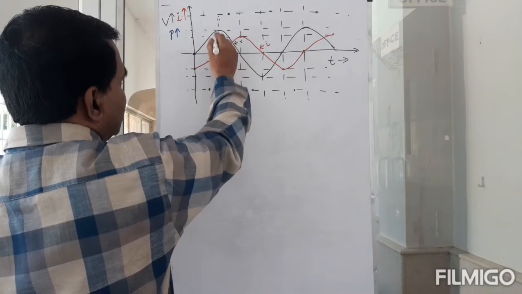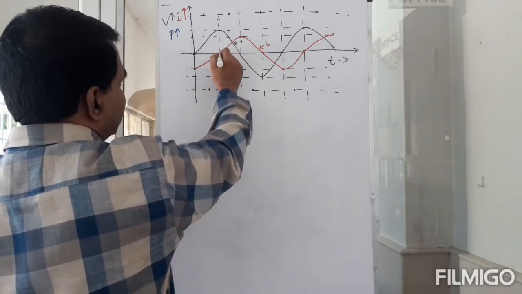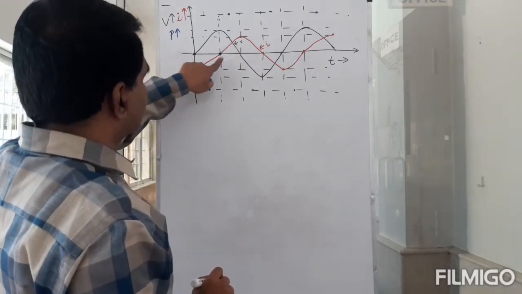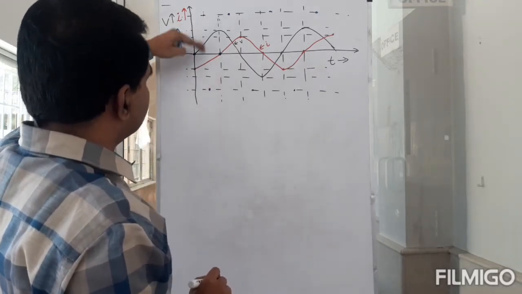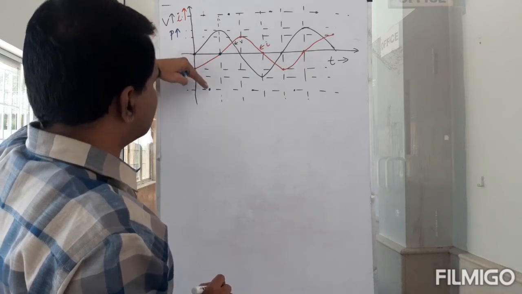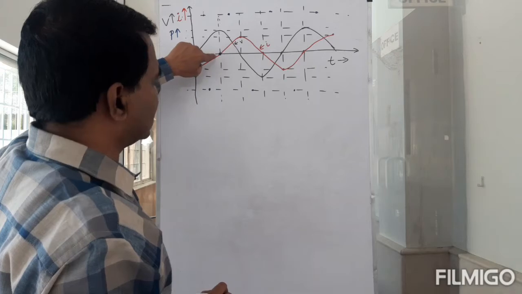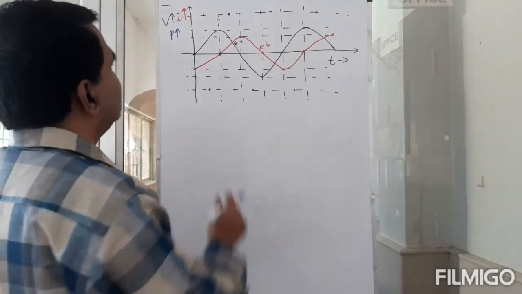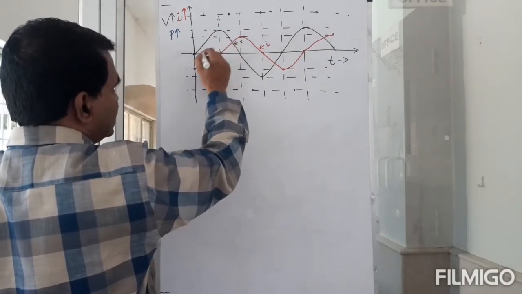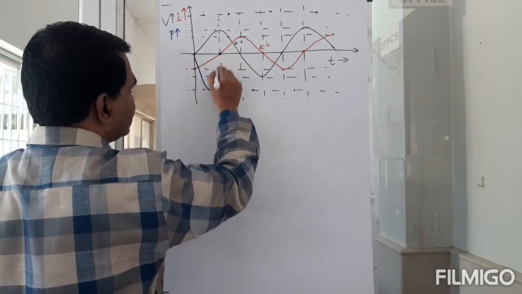So if you multiply voltage and current, the power will be 0 here. So the power is 0 here, and then the power is 0 here, and in between it has become a negative value. It has gone from 0 to some peak negative value, then reduced from that negative value, and finally becomes 0. So it starts from 0, ends with 0, and in between it has negative values.